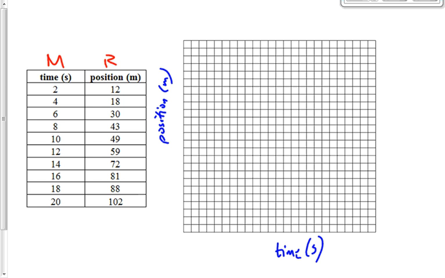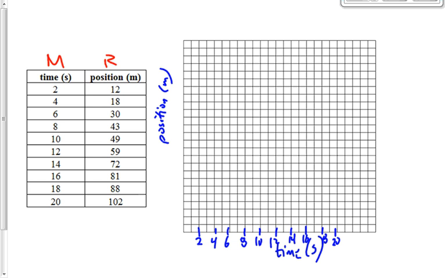Let's go 2, 4, 6, 8, 10, 12, 14, 16, 18, and 20. Notice we have not taken up the entire piece of graph paper on the x-axis, but we've taken up most of it. We want to use as much of the graph paper as possible. You got that? As much as possible.